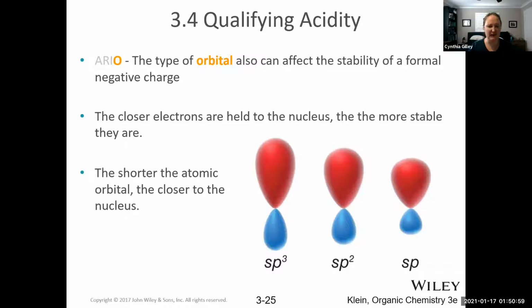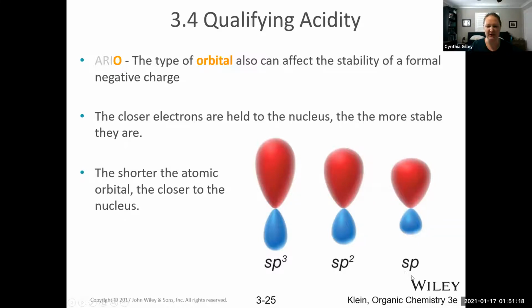So let's review some orbitals that a lone pair might be in, right? It might be in an sp hybridized orbital, an sp2, or an sp3 hybridized orbital. The shape of those orbitals is very different. The sp orbital has more s character.